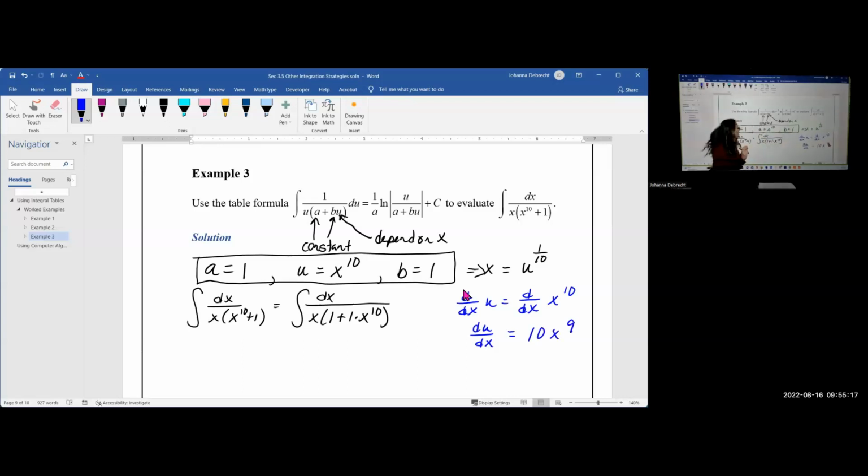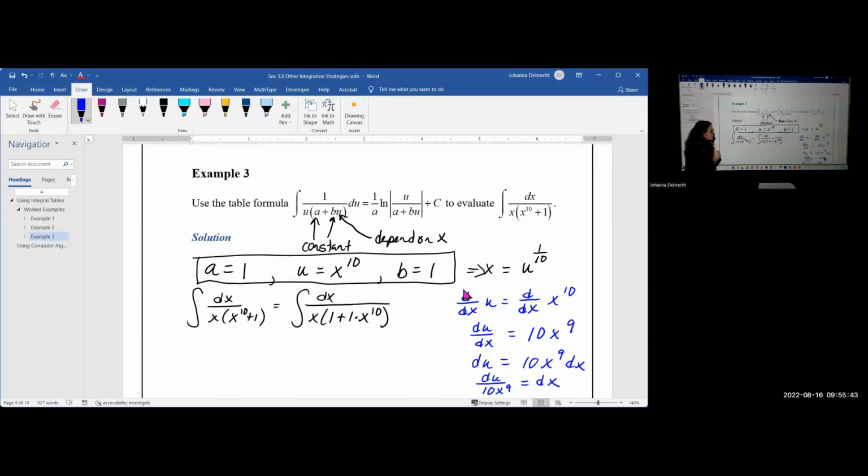Now, remember, I'm trying to replace the differential dx, so I need to solve this for dx. So I'm going to swing the dx around to the right-hand side. And then I'm going to solve for dx by dividing both sides by 10x to the 9th. Okay, so far, so good.